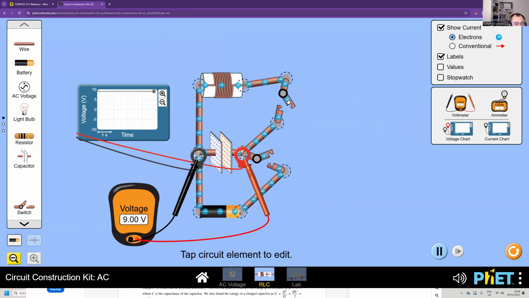And let's flip the switch. When you close the switch, the current goes through the inductor, but then once the capacitor is discharged, it carries on, and so it charges the capacitor in the opposite direction.